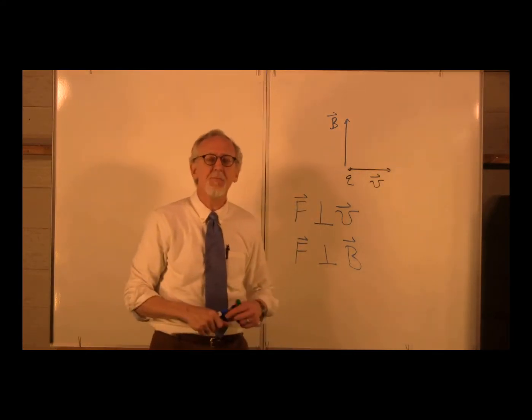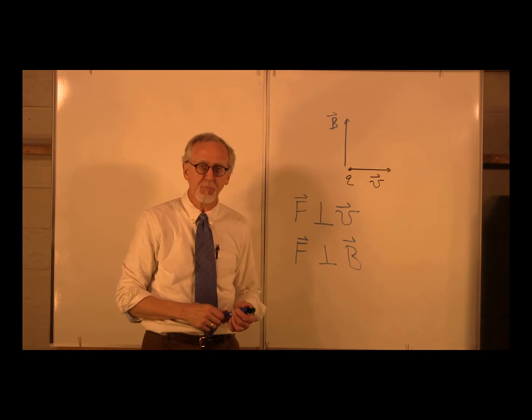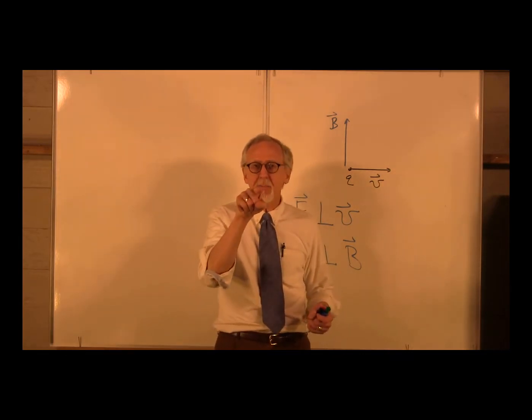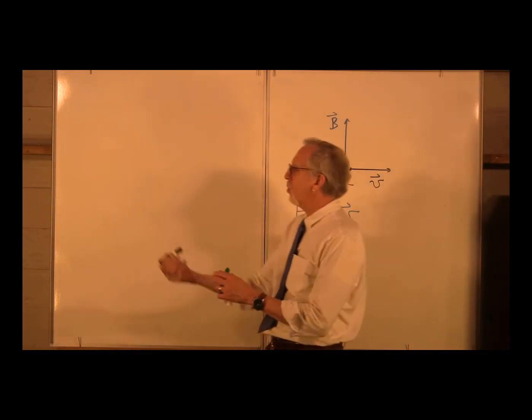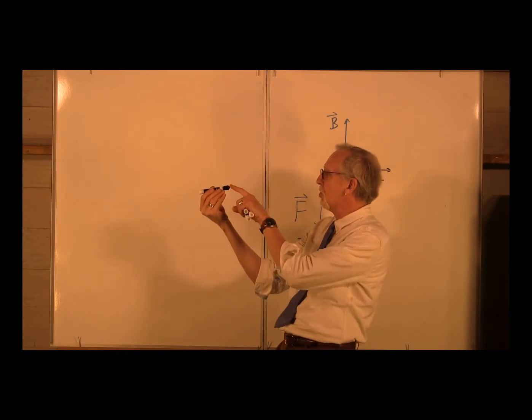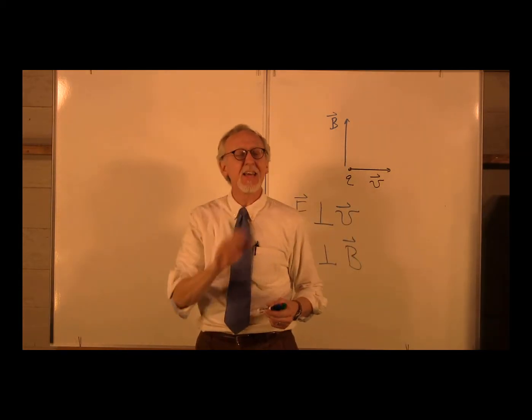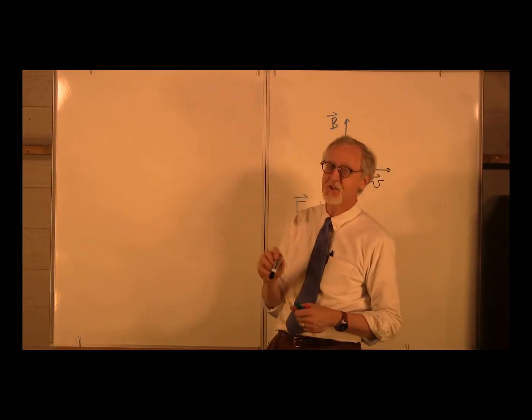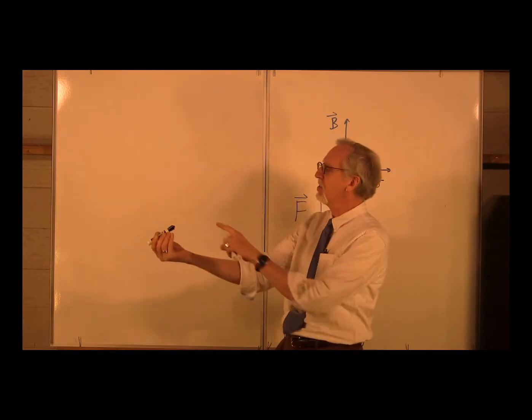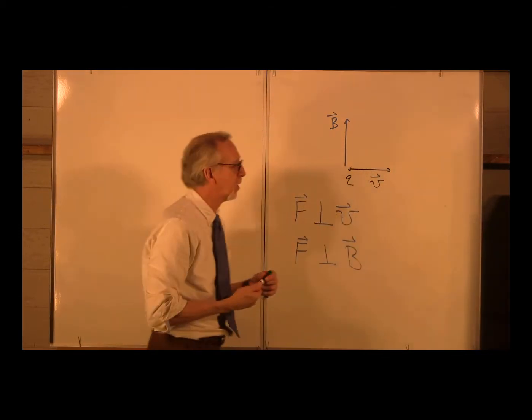And I want you to just imagine that you're looking at an arrow. If you see an arrow coming toward you, what do you see? You see the point, or let's just say it's pointing towards you, not coming at you. You see the point of an arrow.